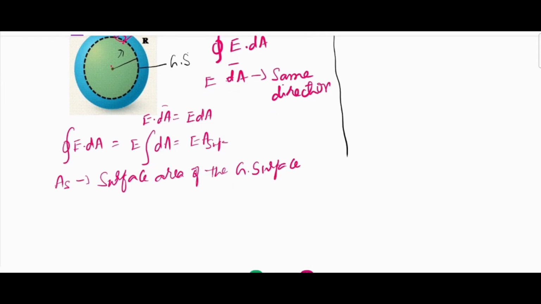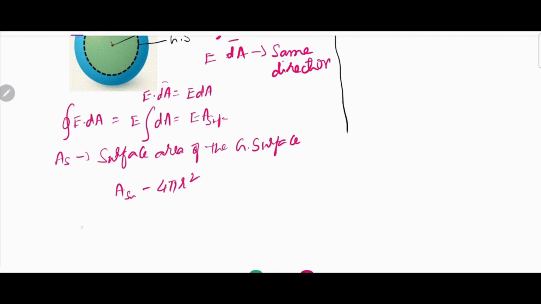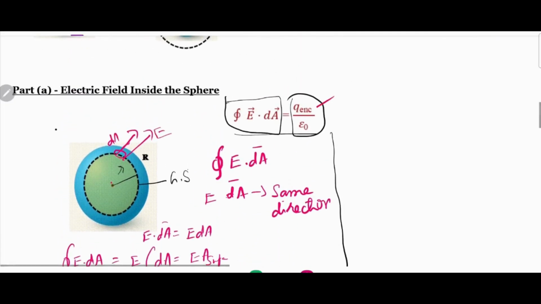The surface area of a sphere of radius r is 4 pi r square. So the integral E dot dA finally becomes E into 4 pi r square. So this is the first part of the equation. Now we will solve the other side.